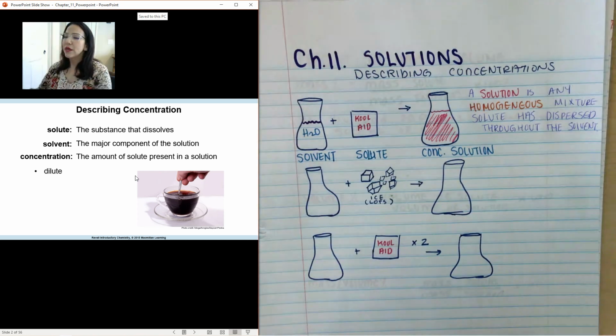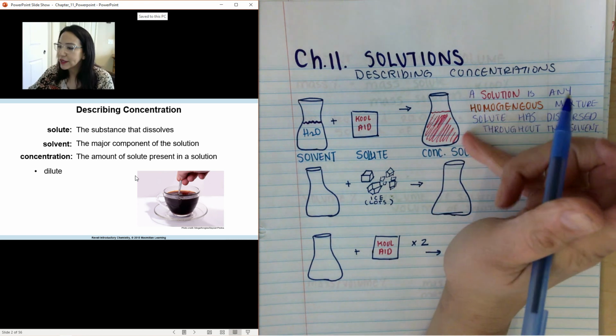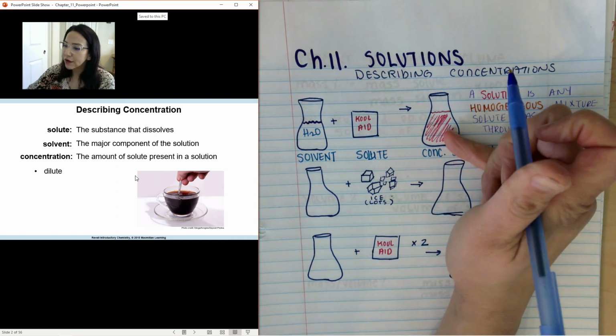It's kind of like a perfect union. Every single water molecule now has some solute inside of it.